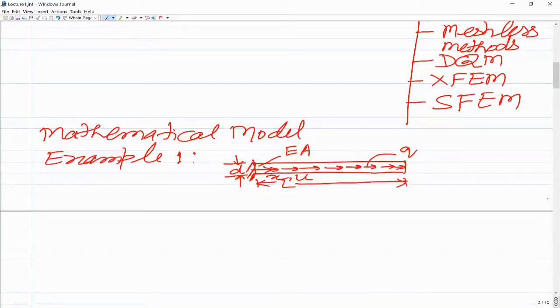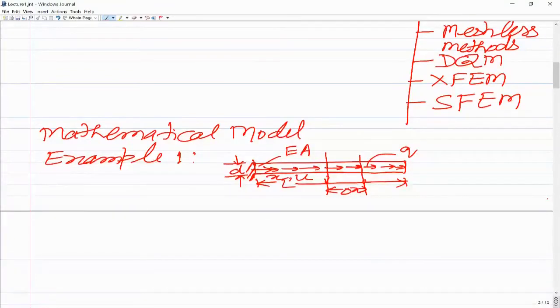So we are taking a small part of this. Let us say we take a cut section over here, another cut section over here, and these two sections are separated by a distance delta x. For developing the mathematical model, this is a solid mechanics problem, so it involves equilibrium, and it is not under motion, so there are no vibrations.